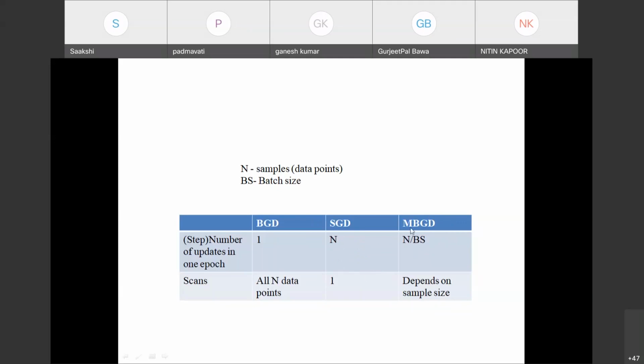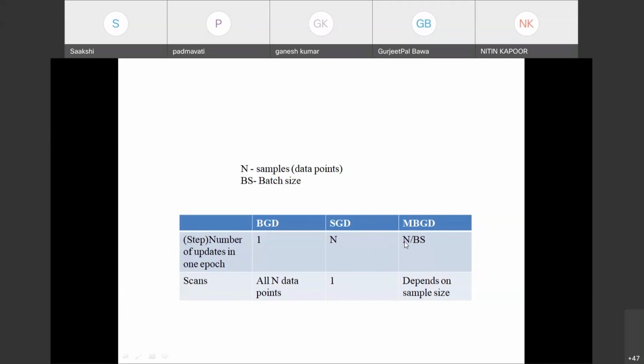Whereas in mini batch gradient descent, I will be using this particular formula, because my total samples have been divided into a number of batches. In each batch, it depends on the batch size. So how do I check how many updates I will be doing?